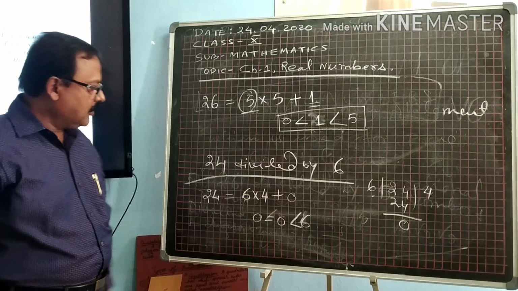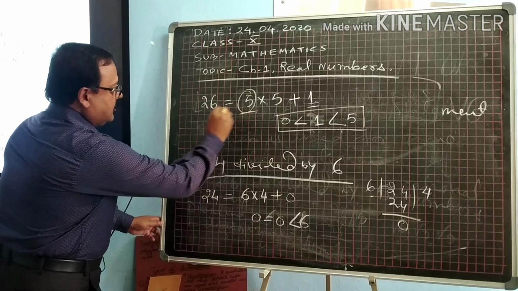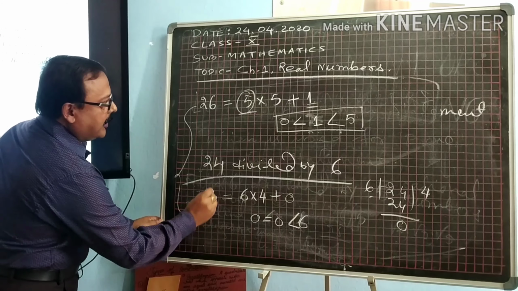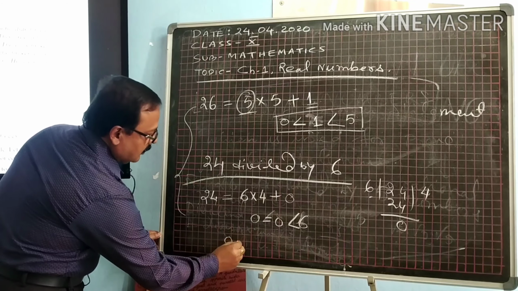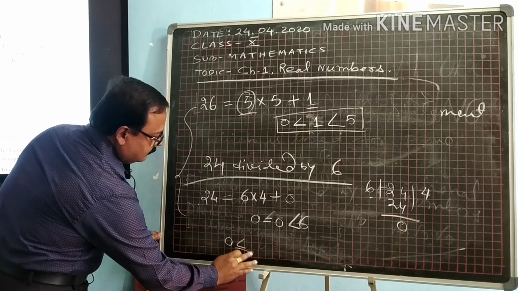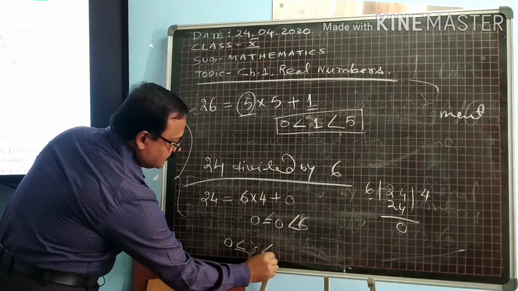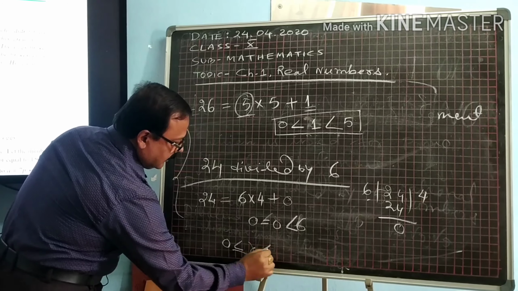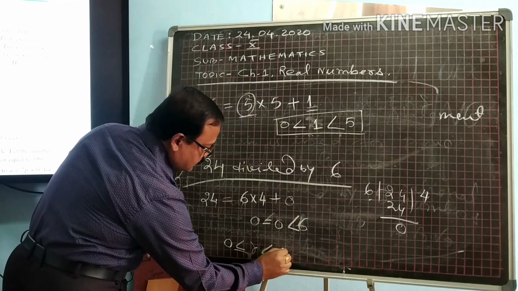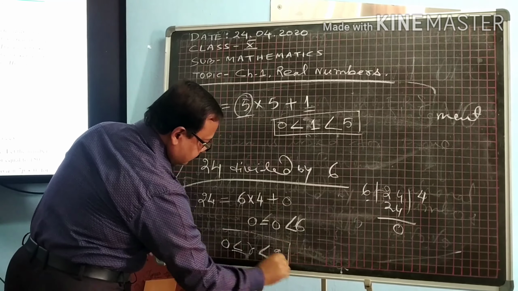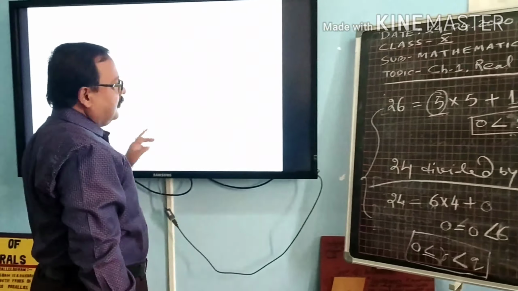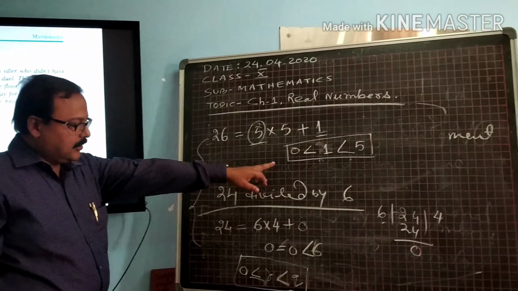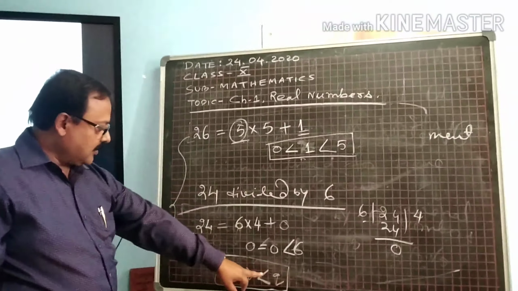In these two conditions we get 0 less than or equal to R less than another number, suppose Q, where Q is the divisor.